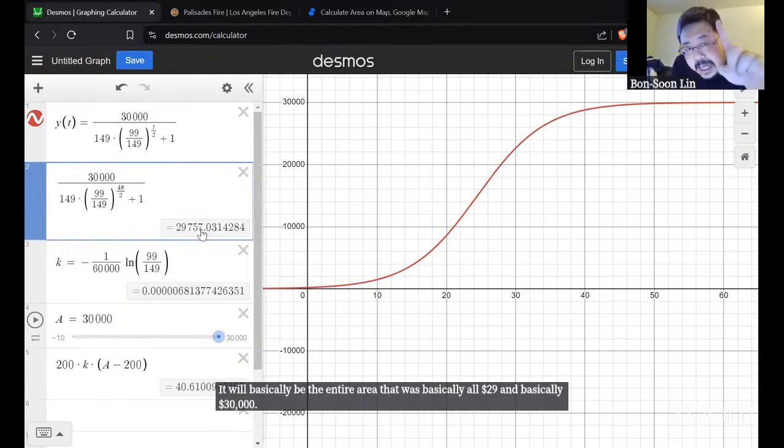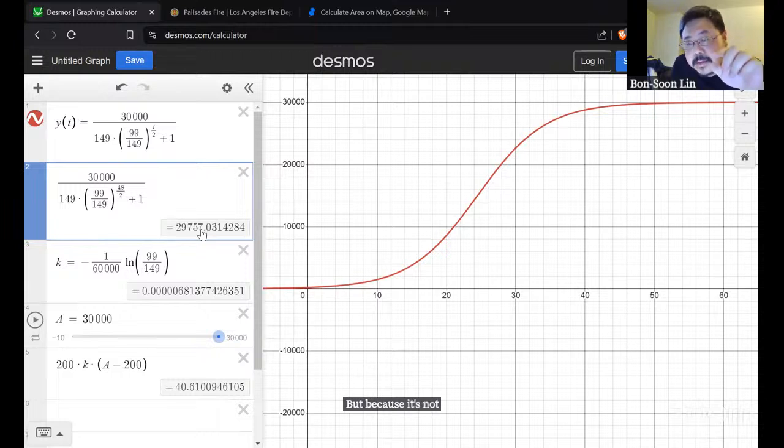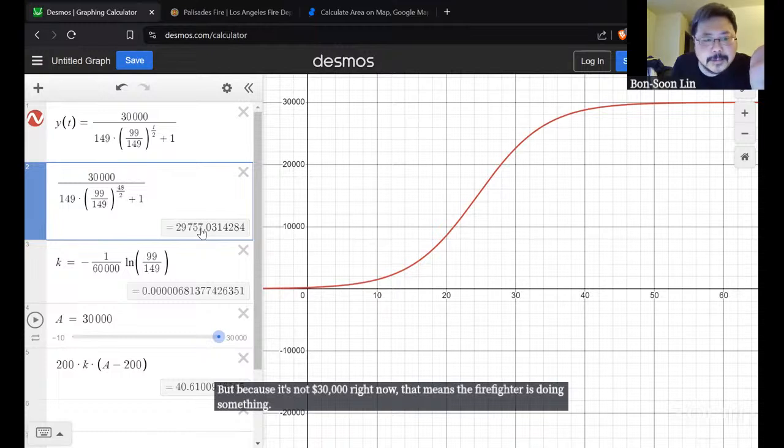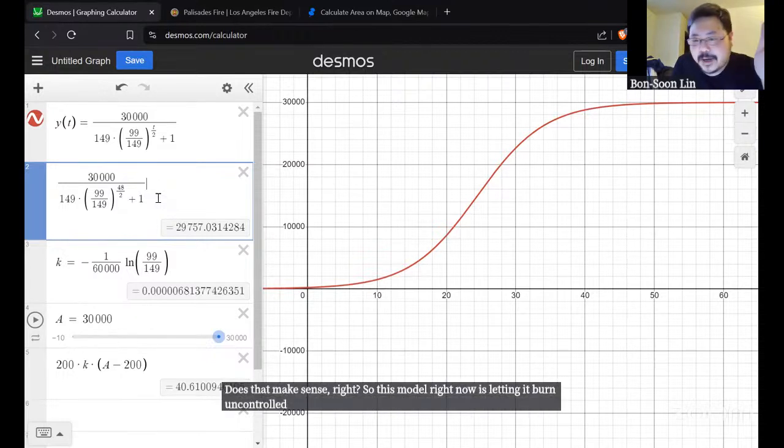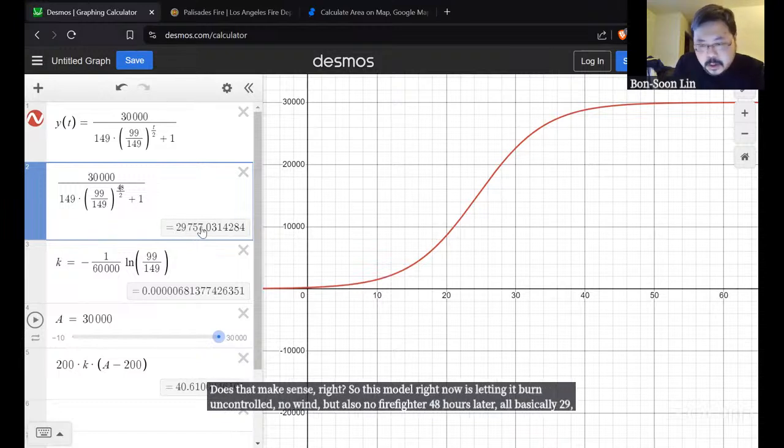But because it's not 30,000 right now, that means the firefighting is doing something. Does that make sense? This model is letting it burn uncontrolled, with no wind and no firefighters. At 48 hours later, all 29,700 will be burned.